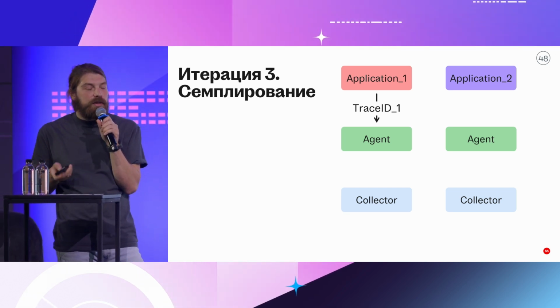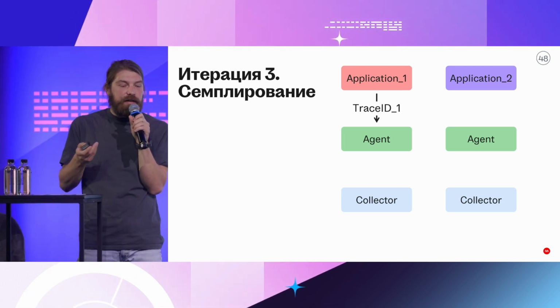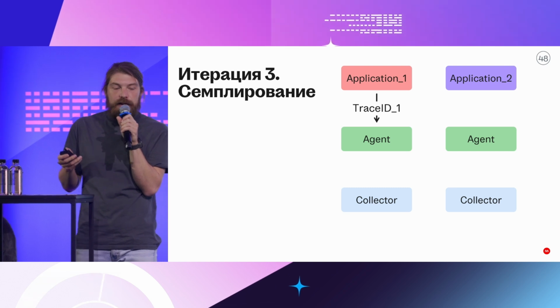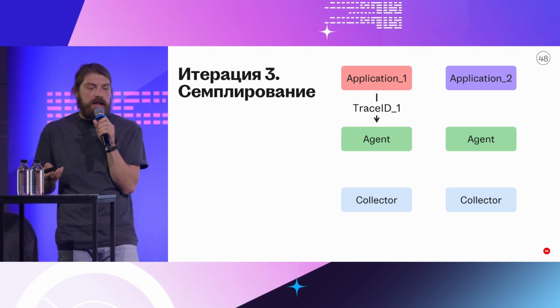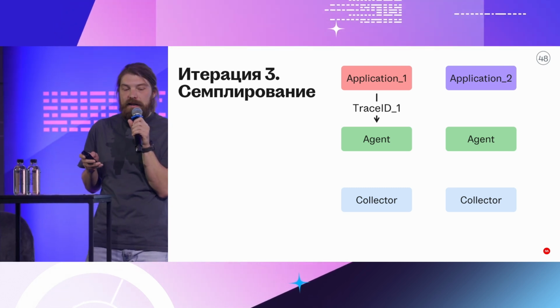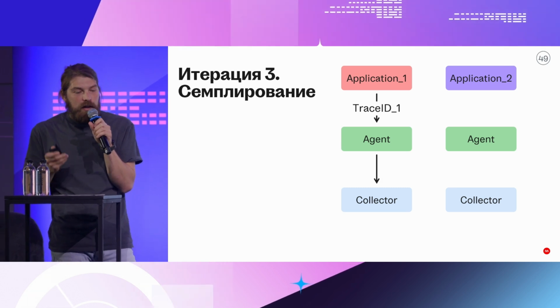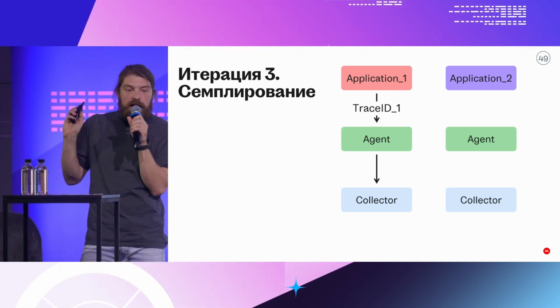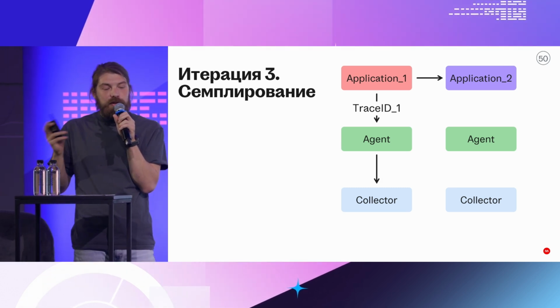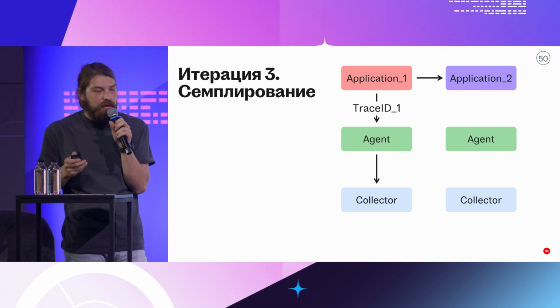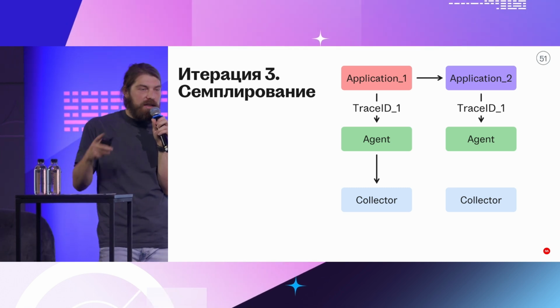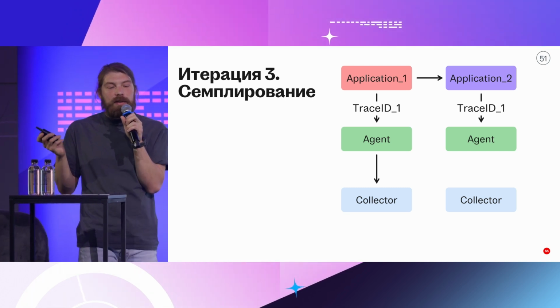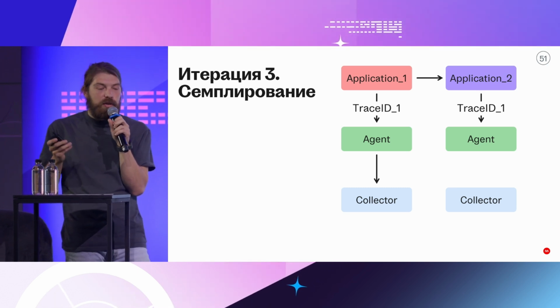Imagine application one. It makes its request and sends the trace to the agent. Then the agent, based on the trace ID hash, makes a decision where to send this data. So it's made, it's sent, and the next request goes to the underlying service. It also generates its data with the same trace ID and sends the data to the agent.